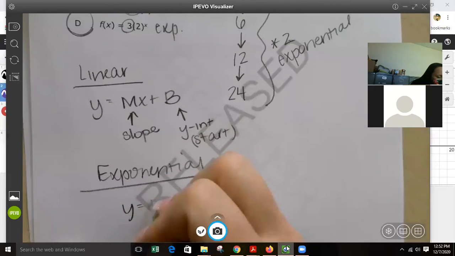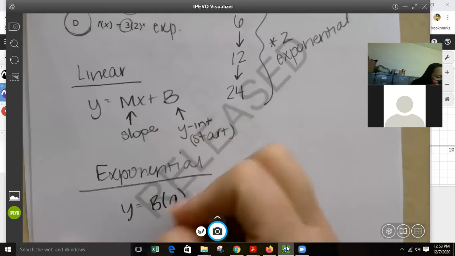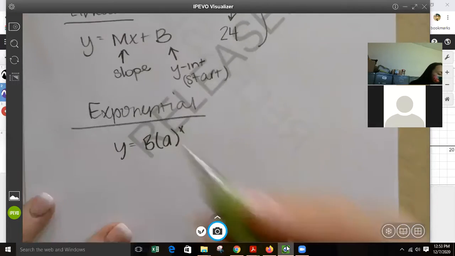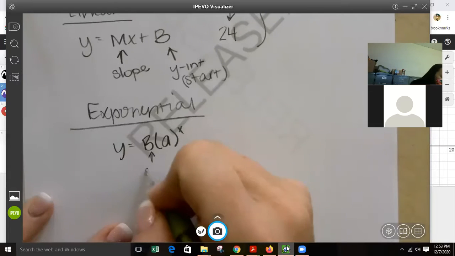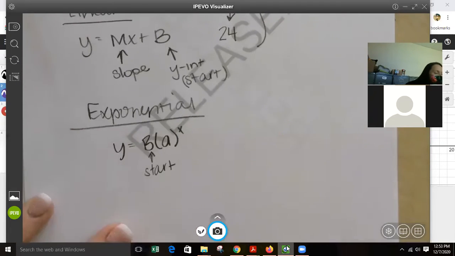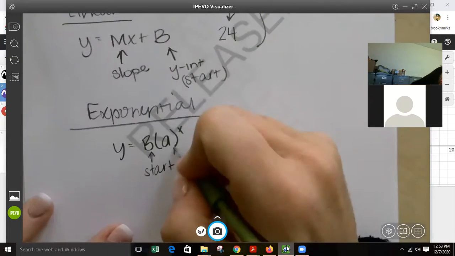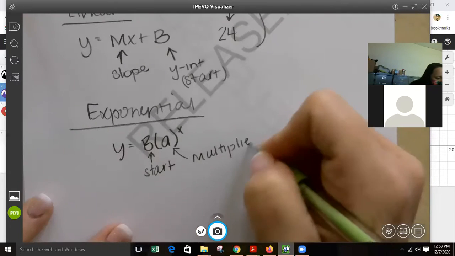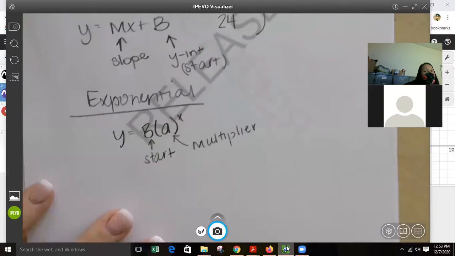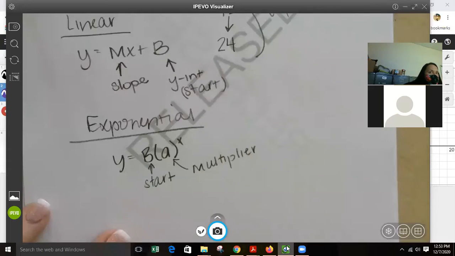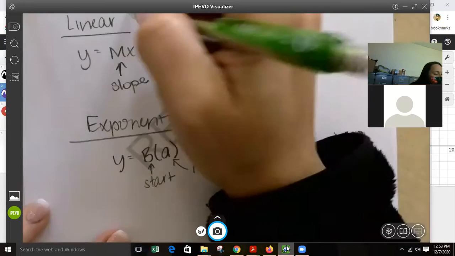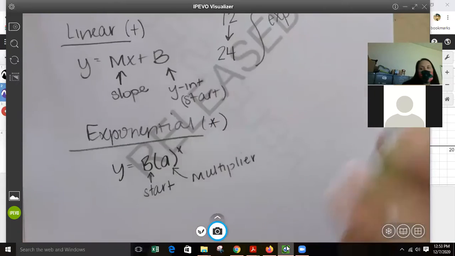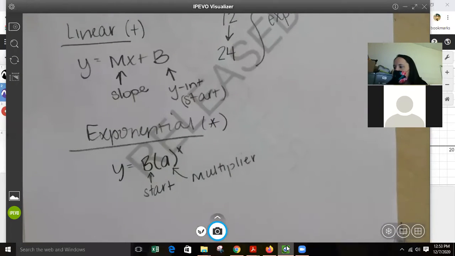Exponential is b times a to the x. B is your start. And a is your multiplier. Linear is always adding each time, and exponential is always multiplying each time.